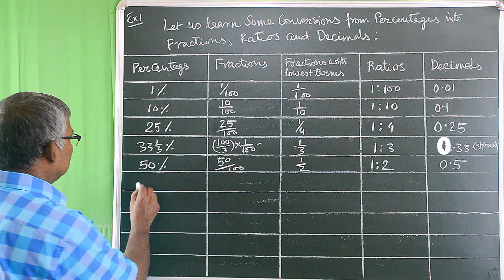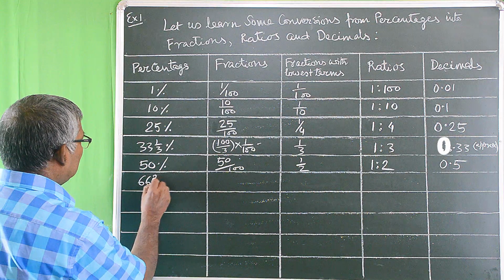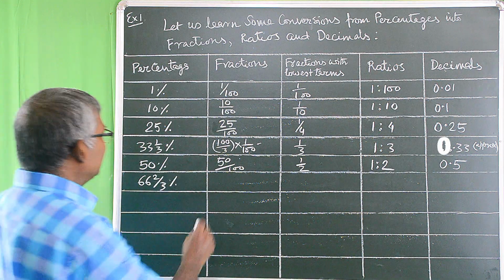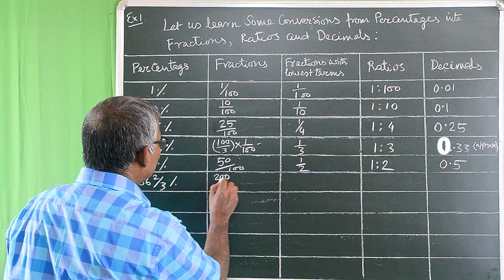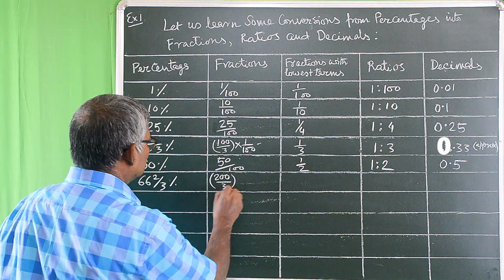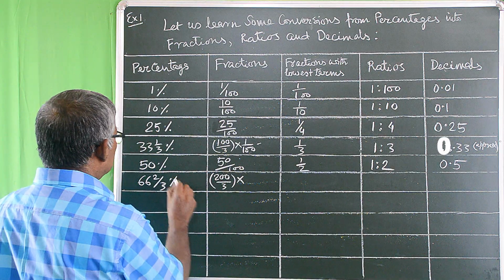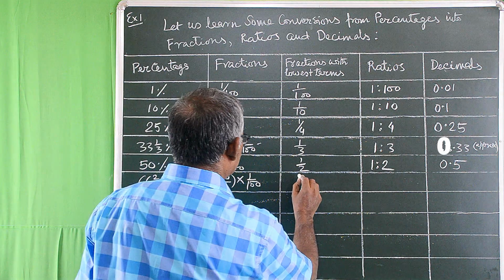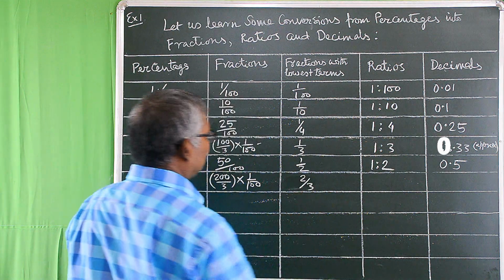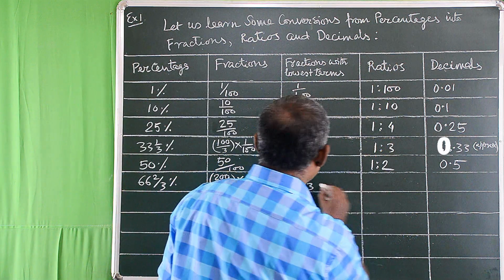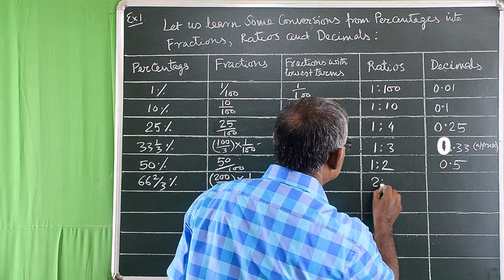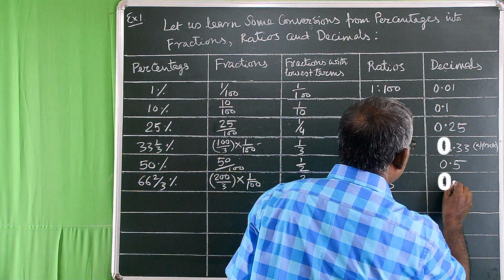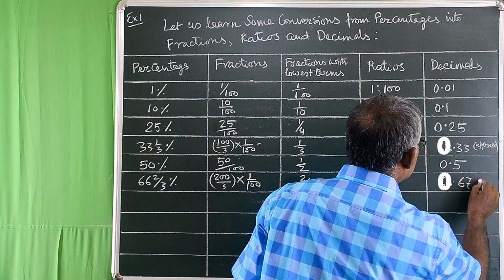Now let us see 66 whole 2 by 3%. This can be written as 200 by 3 into 1 by 100 equal to 2 by 3. So the ratio of 2 by 3 is 2:3, and we can express in decimal 0.67 approximately.